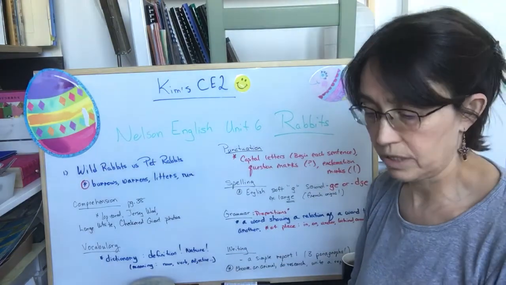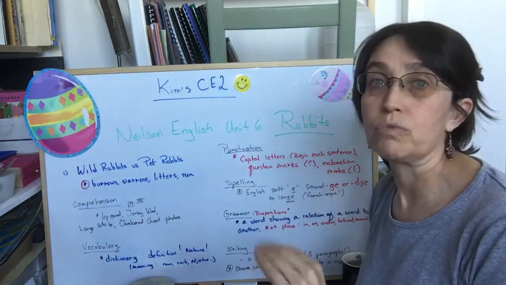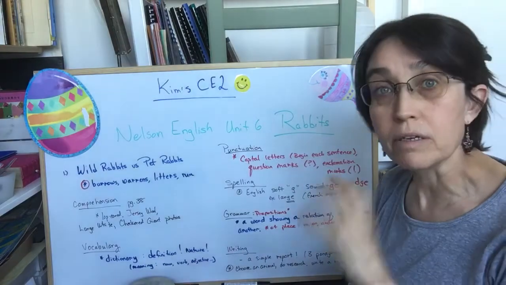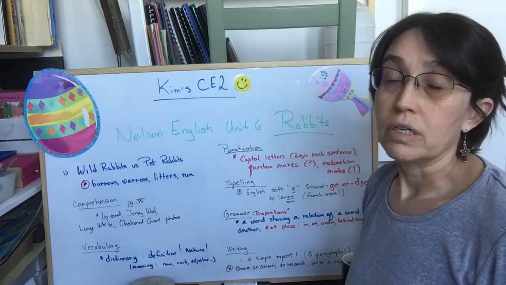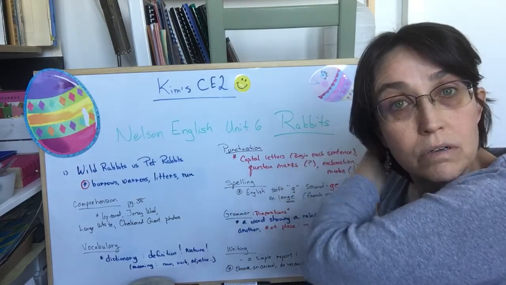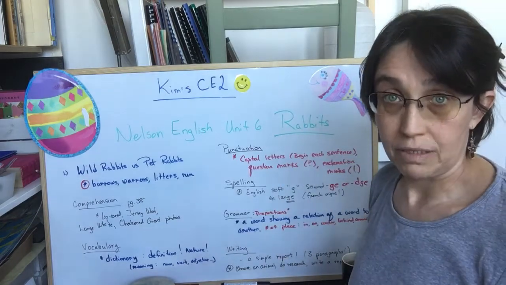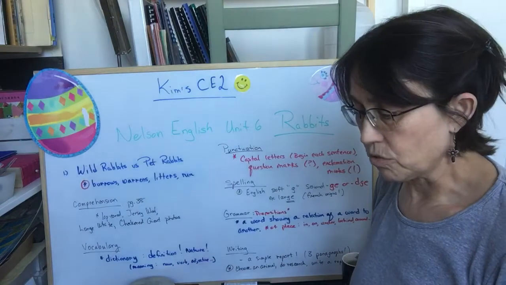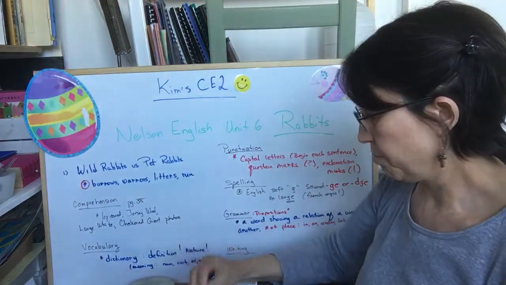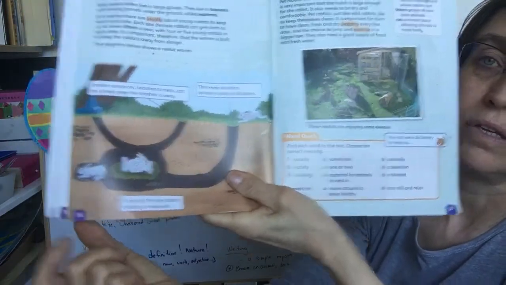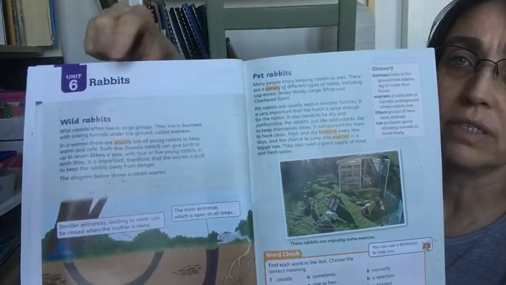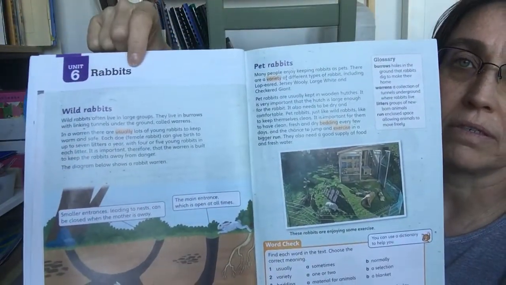It's a real thing. It's not like The New Neighbors, which was an imaginary story about little mice in a boot. This is an actual text about rabbits. So let's open to pages 36 and 37, Unit 6, rabbits.